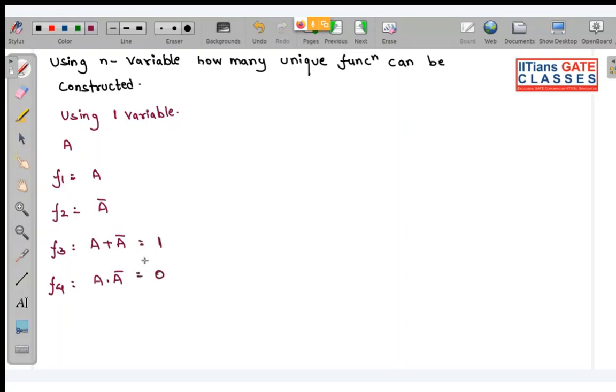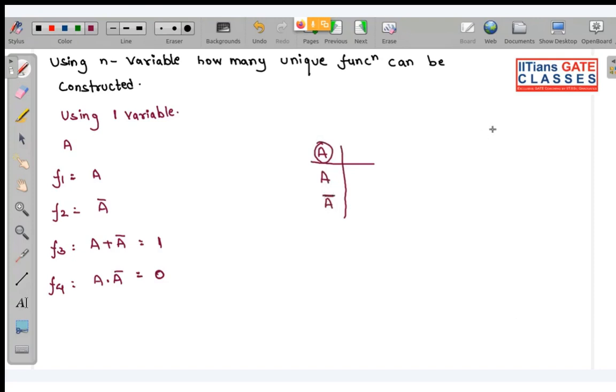Now look very carefully. This is a haphazard way of representation. If I want to represent this using tabular form, look how am I going to do it. So first write A. So A can take what kind of variables? It can be either A, simple A, or it can be in complemented form.